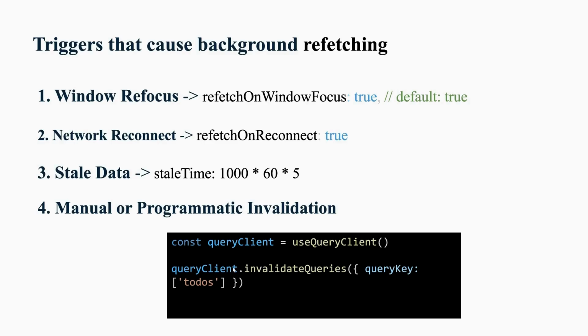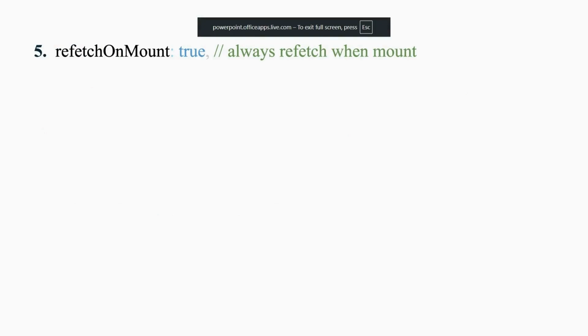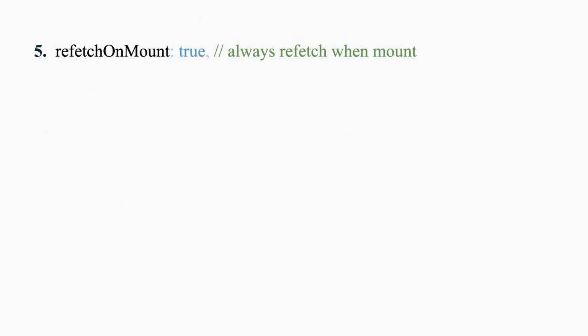So we can just write this. We'll call this function and we'll call queryClient.invalidateQueries. So this is going to fetch us the new data. We can configure this kind of value as well. Refetch on mount is again the same thing, it's going to be on by default.